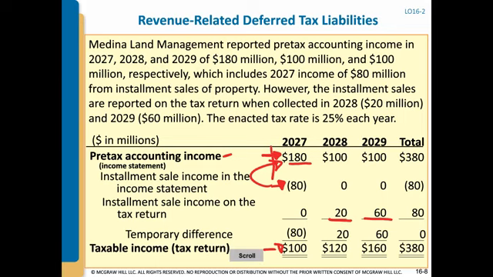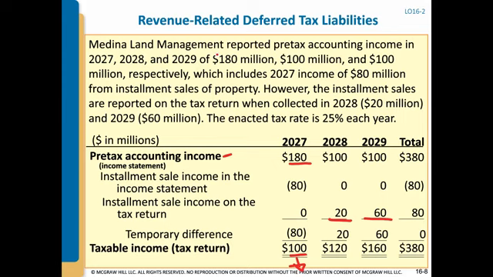I just want to show you that my pre-tax accounting income is 180, but my taxable income is 100, so it is lower in the current period, the current period being 2027. Then in 2028, that's when we're going to recognize this income, when the cash is actually received.